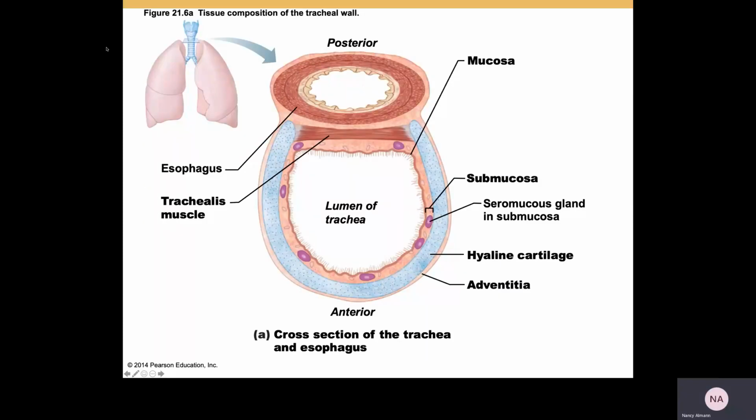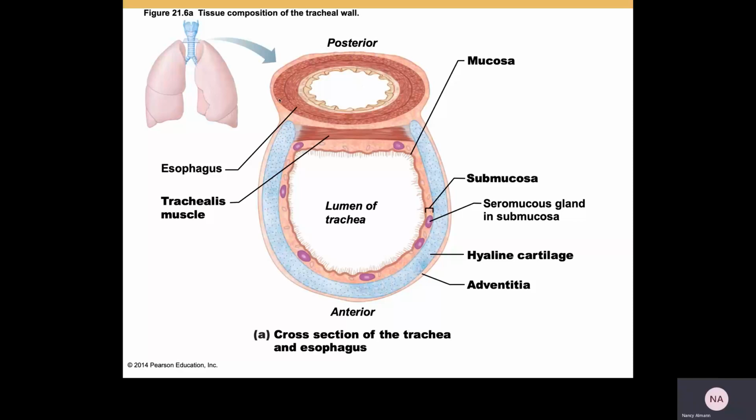So you can see the trachea, you can see the C rings, and you can see the trachealis muscle, which is going to be here. And here's our friend, the esophagus. One of the reasons that it's important that we have the trachealis muscle that connects those C rings is this.